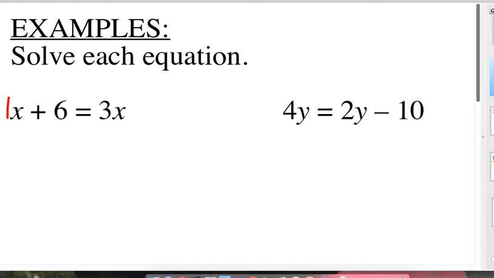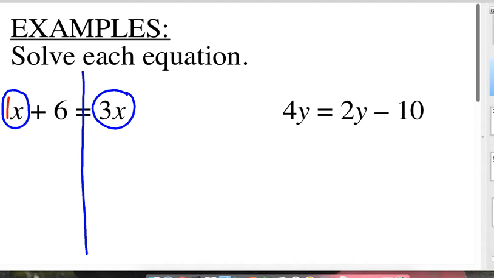So step 2 is to get your variable terms together. Now I'm looking at this equation and I see I've got a 1x, that's a variable term, on the left side. And on the right side, I've got a positive 3x. That's a problem.